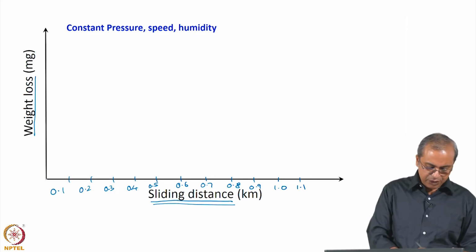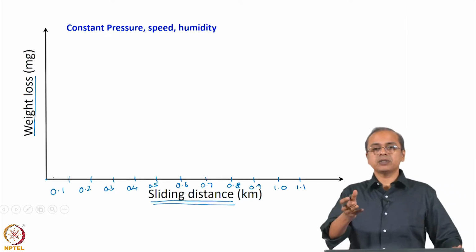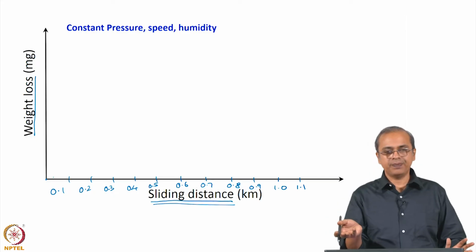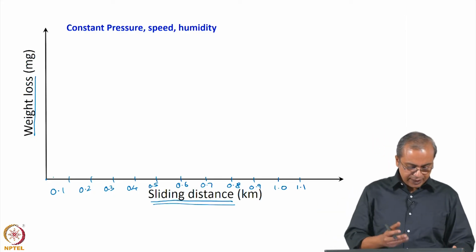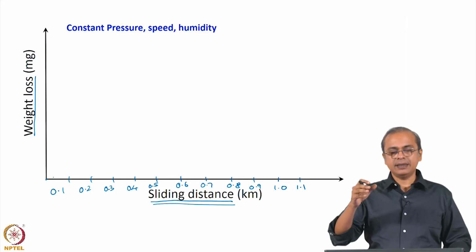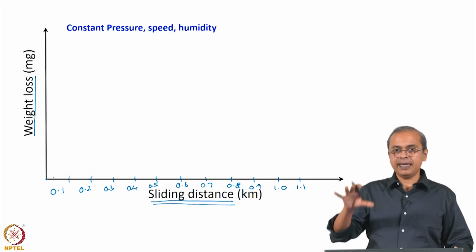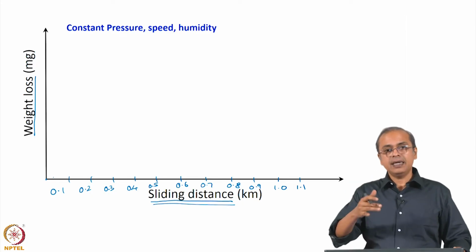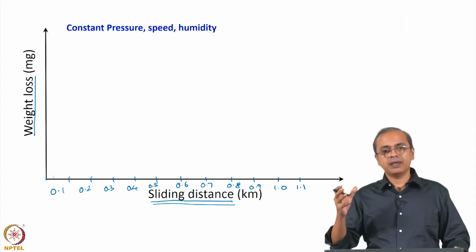So, when you start off, obviously there is no weight loss; whatever weight you measure of the sample, that is your starting weight. So, at every 100 meters that the sample has travelled on the pin on disk test, you halt the test, take out the pin and then weigh the pin.